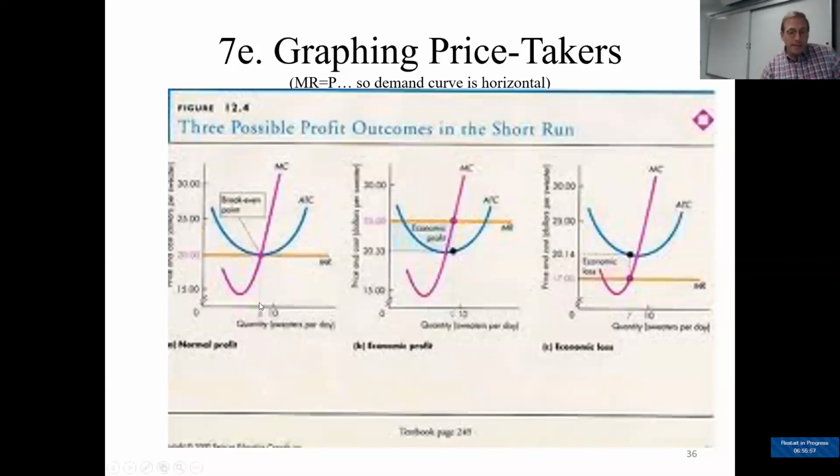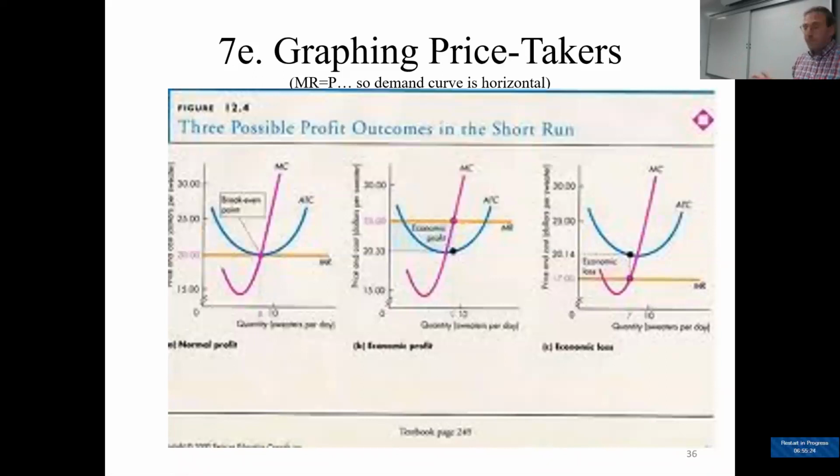The quantity right here at the point of intersection with the average total cost, that's going to give you your total cost of production, which means that your total cost is going to be, in this case, that exact same rectangle. What happens if total cost is equal to total revenue? They're both equal. What's profit? 0.